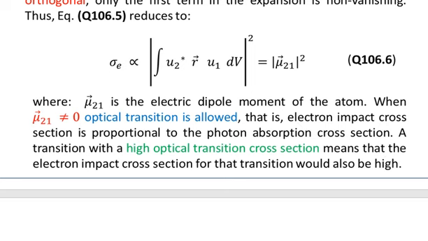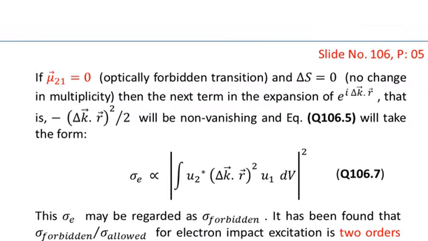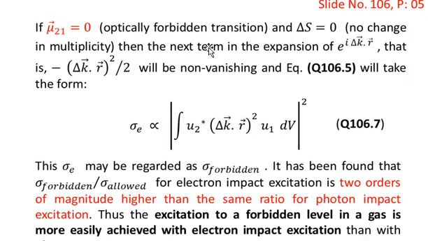Now if we consider mu 2 1 to be equal to 0, which means that the transition will be optically forbidden. That is, by optical means we cannot achieve this transition. And also if delta S is equal to 0, that is no change in multiplicity.